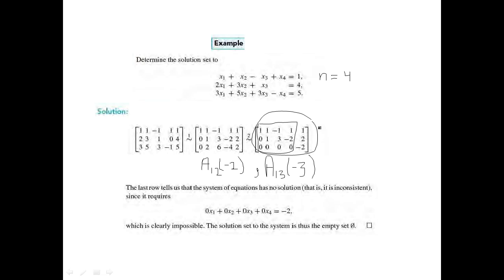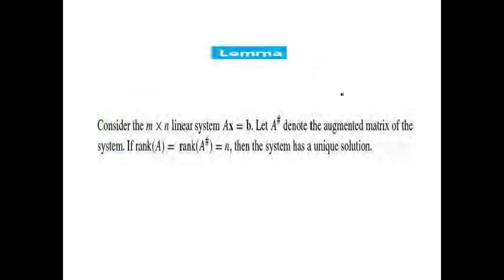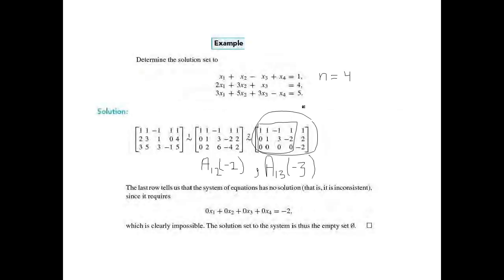And these two values are not equal to n equal to 4, so the system is not consistent because it does not satisfy these conditions. If rank of A is equal to rank of A hash, but in that example rank of A is not equal to rank of A hash, the system is inconsistent, hence the system does not have a unique solution.